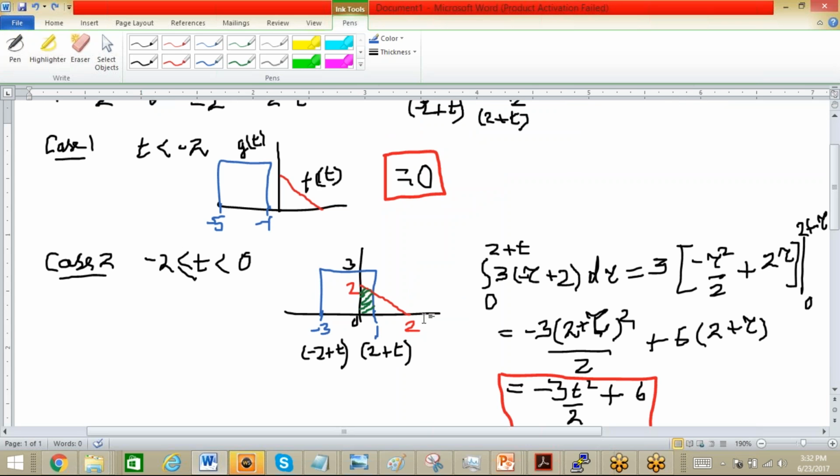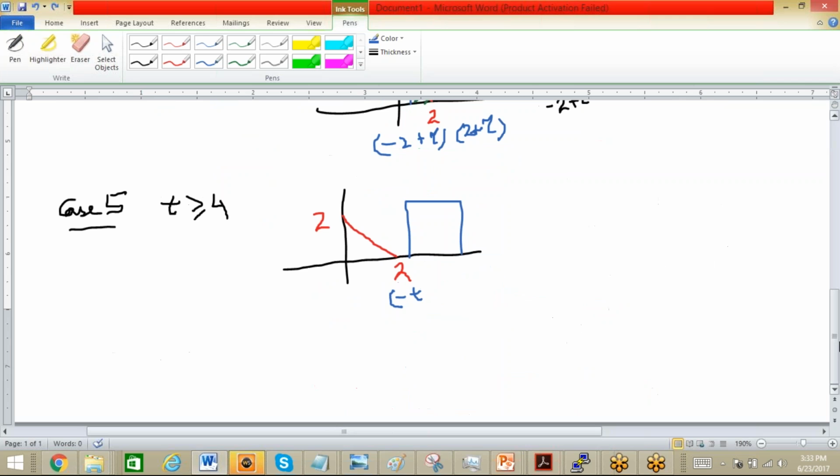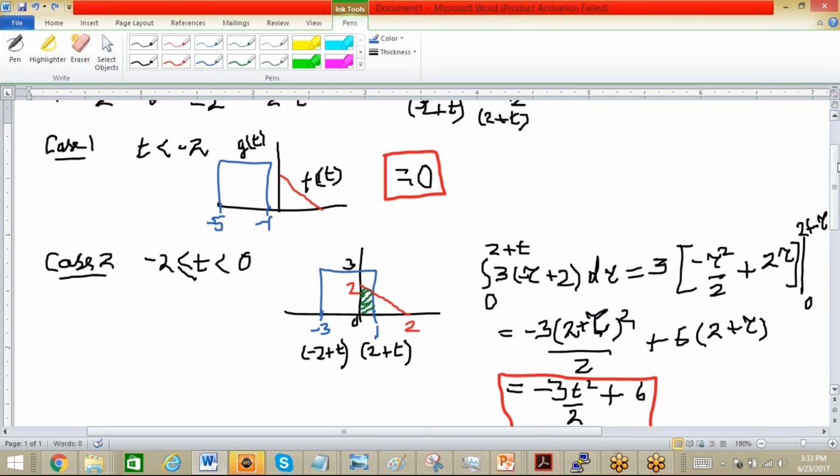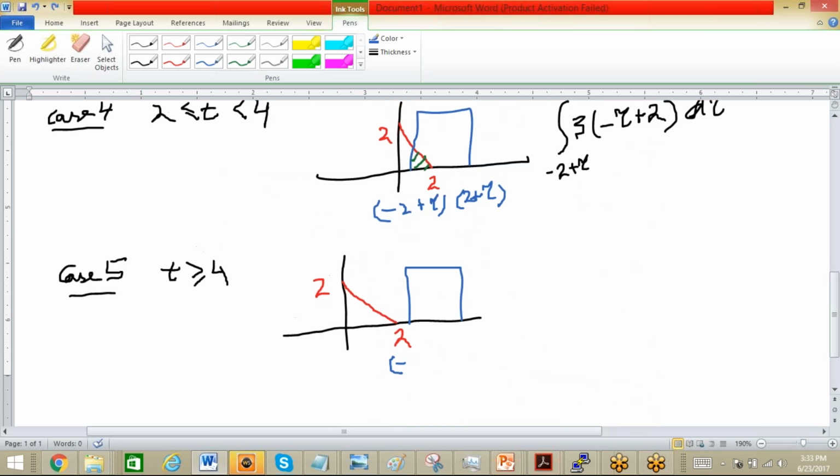Let me overlap it. Minus 2 plus 2. This is the first point.